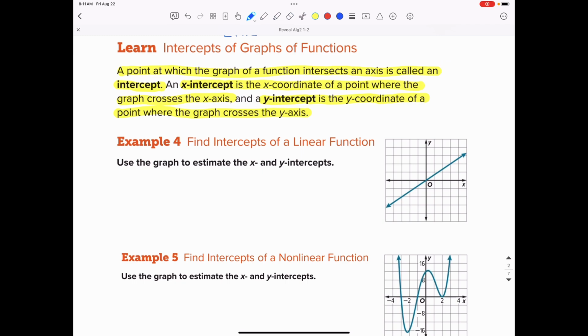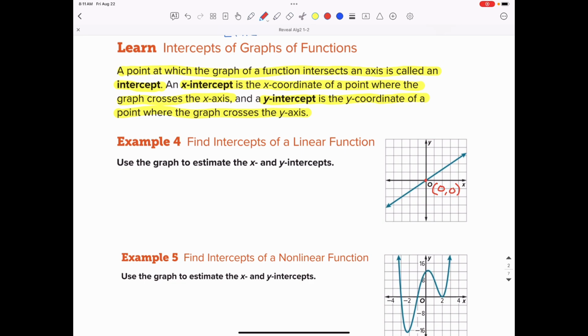Example number 4 says use the graph to estimate the x and the y intercepts. We've got a blue straight line, and it looks like it crosses right through the origin. The ordered pair of the origin is 0, 0.